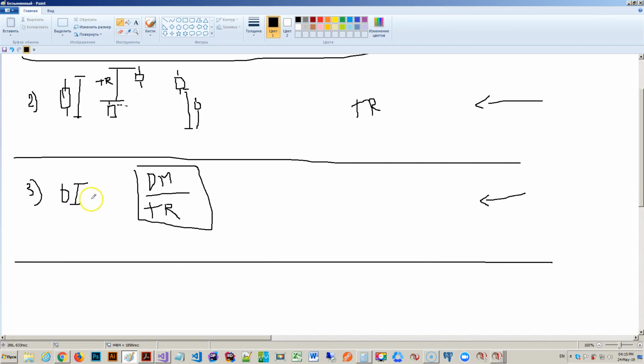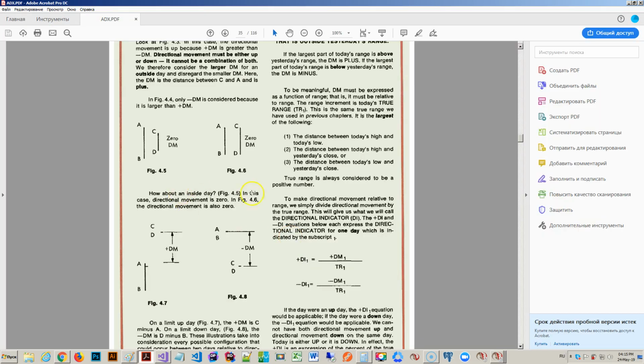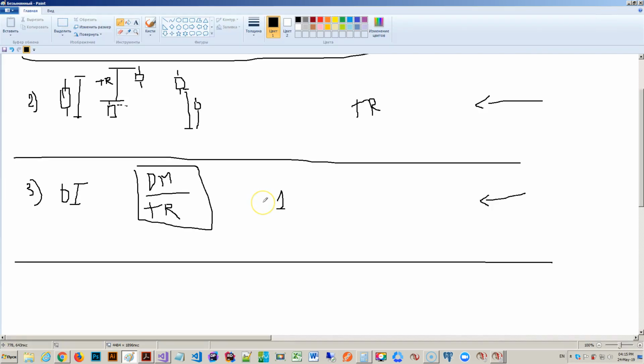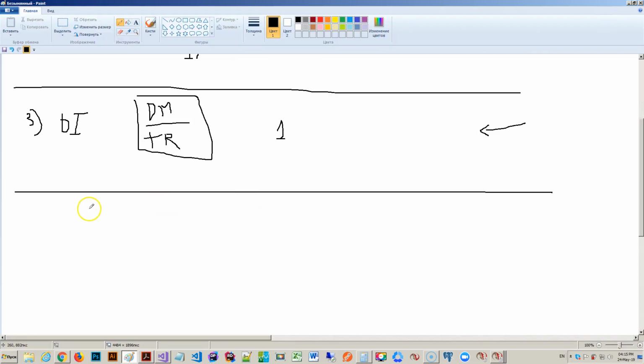So this is DI for 1 bar, and after you've got it for 1 bar, you want to have it for a period, where P is your period. To initialize, you first sum up all the DMs and divide by the true range, either plus or minus.